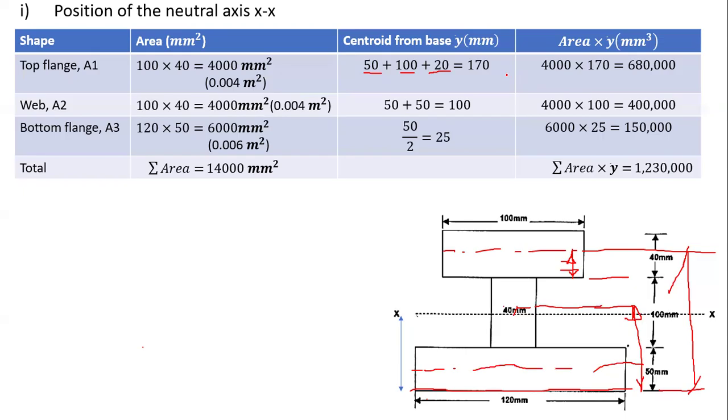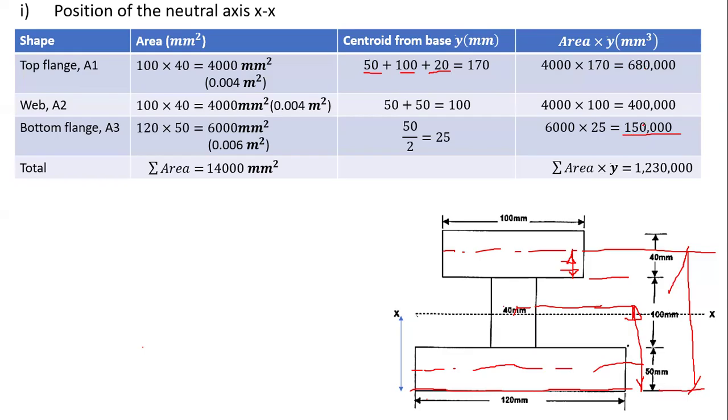The next one, we're saying 4,000 times 100, giving us 400,000. Next is 25 times 6,000, so our result is 150,000.